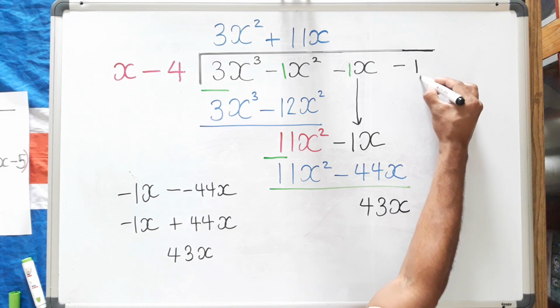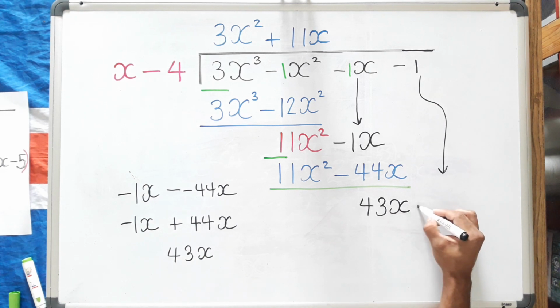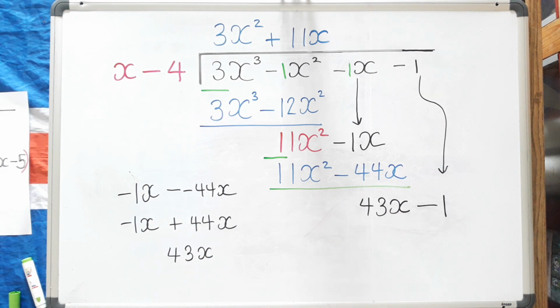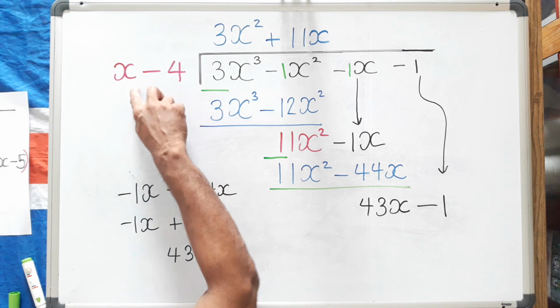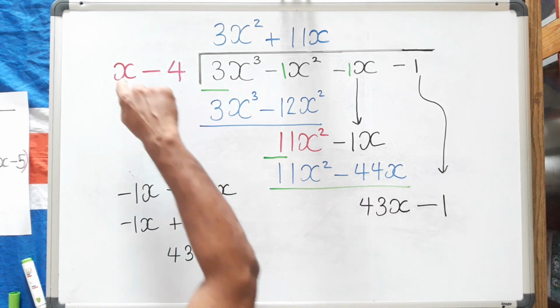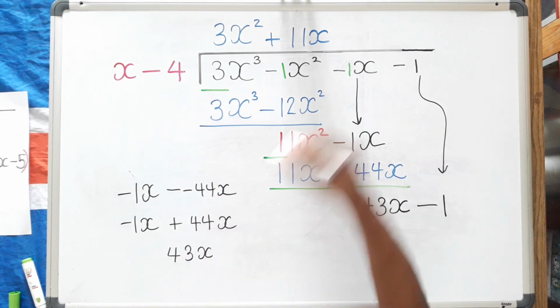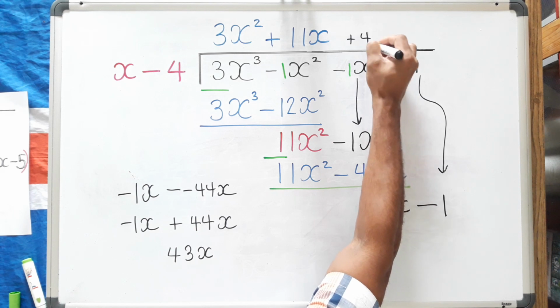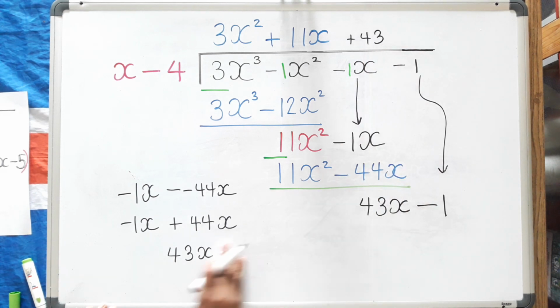And who drops down to join the party now? Minus 1. So let's finish this up. The 43x gets divided by x. Now 43x divided by x will give us positive 43. Right?